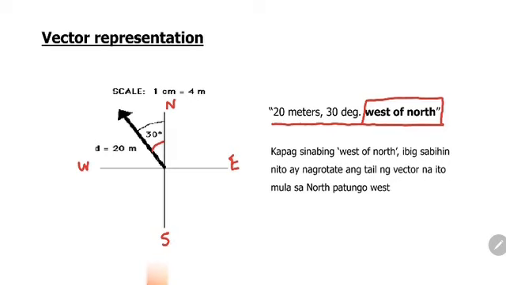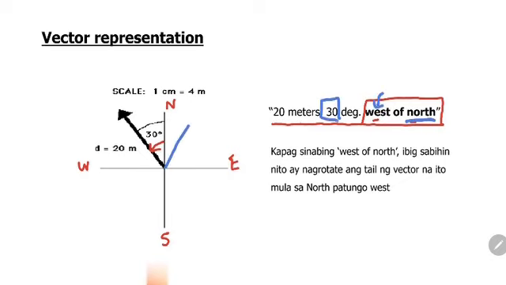So, ibig sabihin, yung vector na to ay nanggaling doon sa north. And siya ay pumunta or nag-rotate ng 30 degrees papunta sa west. Okay? So, pag sinabing west of north, actually, ibig sabihin yan, yung aking vector ay nanggaling sa north and nag-rotate by this amount to west.